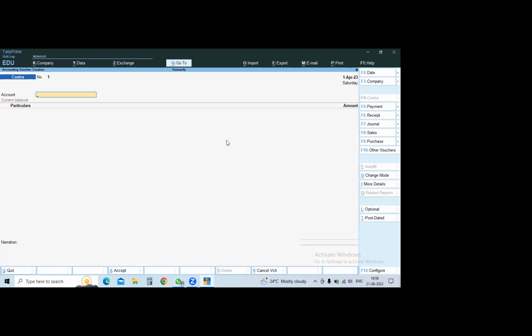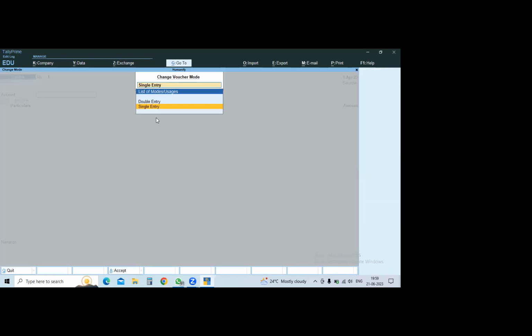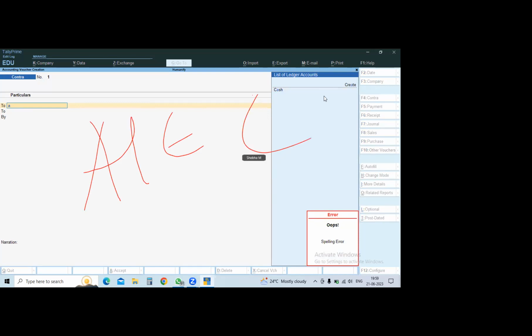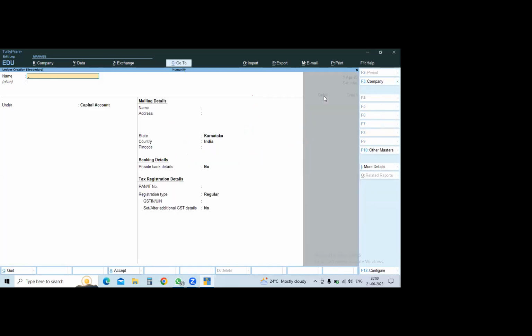Click on double entry. Now it is showing you two, correct? Canara Bank. So create from here, or you can press Alt C for creation. Create Canara Bank under bank account.